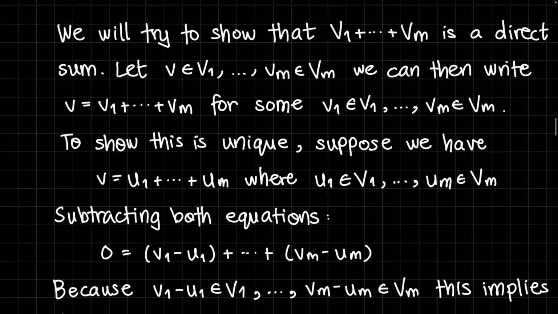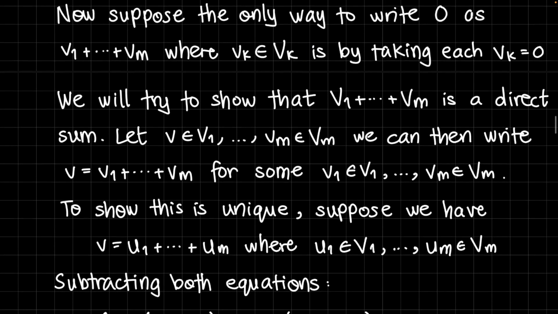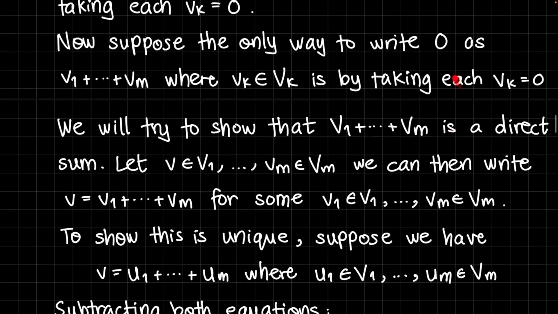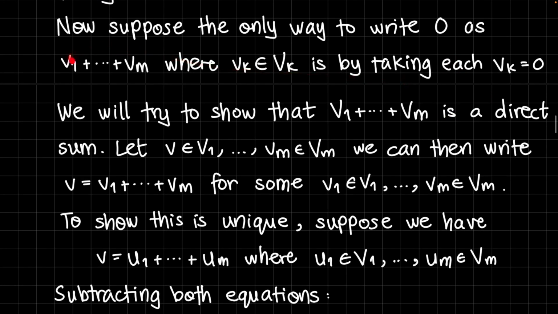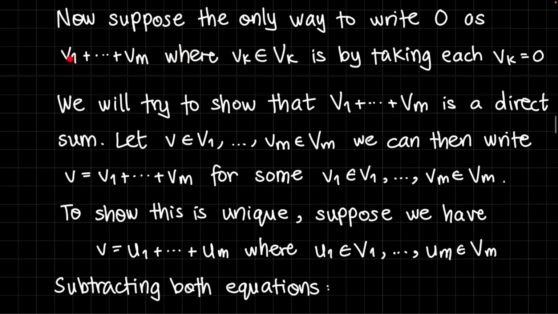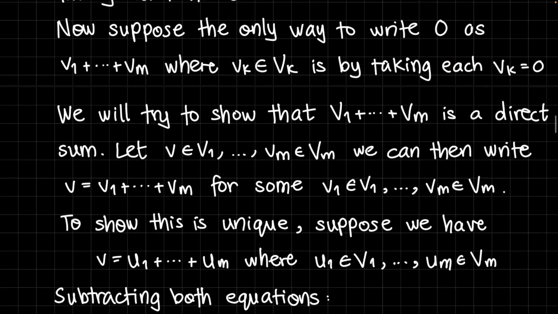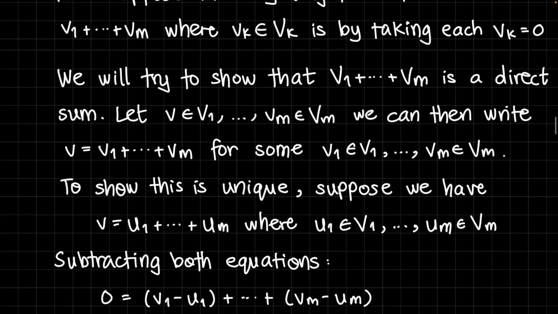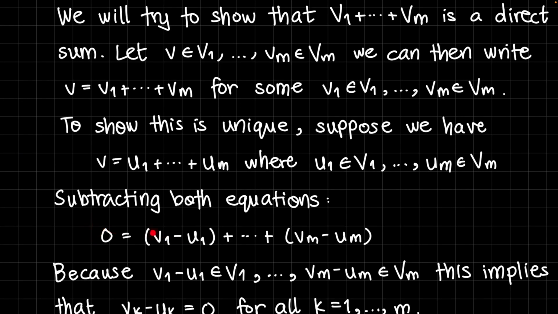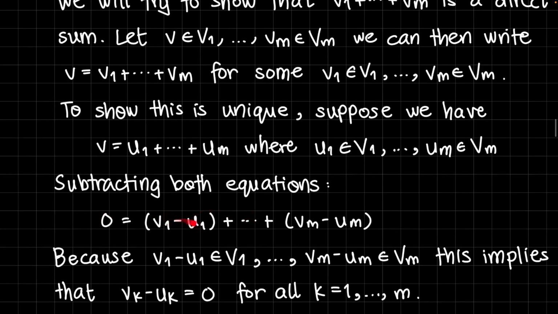Now we assumed that the only way, the unique way, to write 0 as a sum like this was by taking each component vector to 0. We're going to use this because we really have a 0 on the left hand side. So that means each of these components has to be 0.